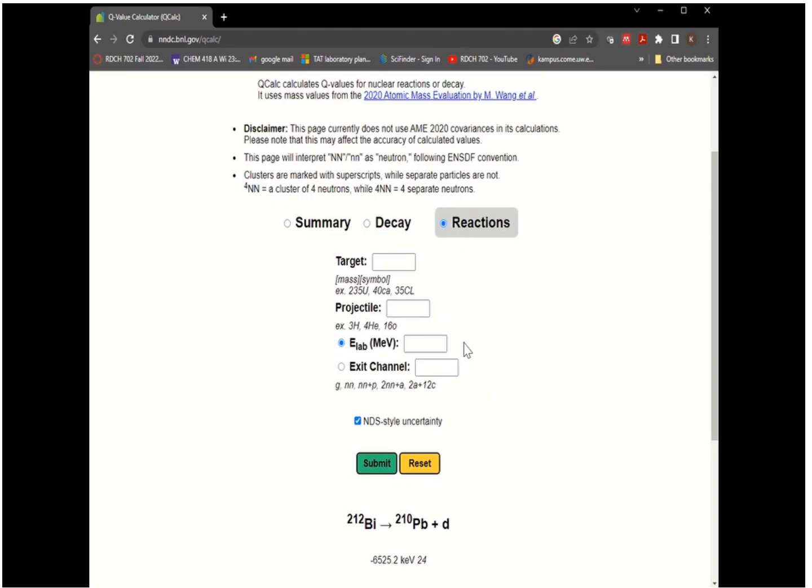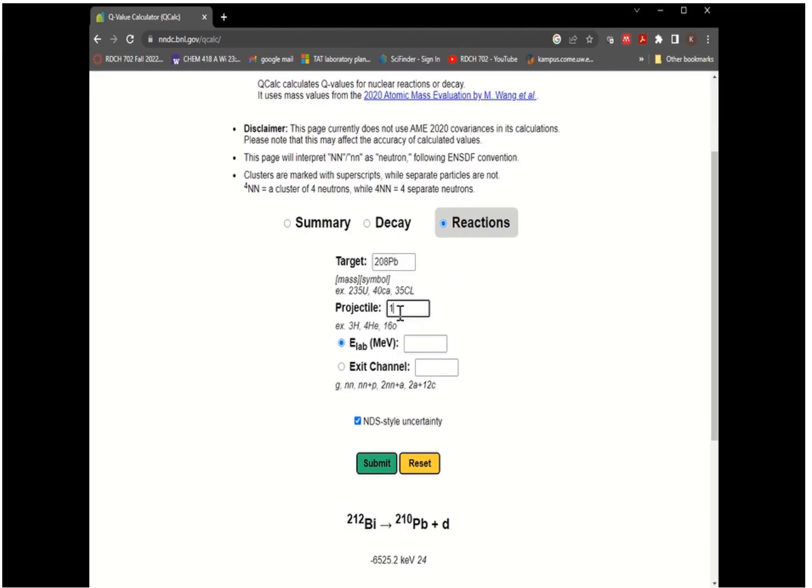Now, this Q value website can be used not only for decays, but also for nuclear reactions. As we discussed in a previous slide, we showed reactions with iron, but let's take a classic reaction. Let's take lead-208 and turn it into gold.